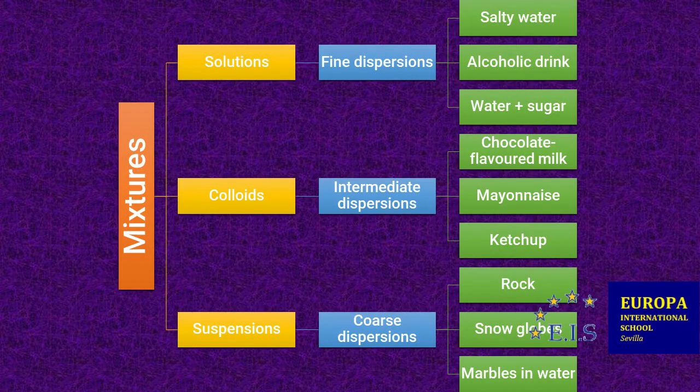And another classification according to the degree of dispersion of the components, which depends on the size of the particles dispersed. So we can have solutions, which are fine dispersions, colloids, that are intermediate dispersions, and suspensions, which are coarse dispersions.